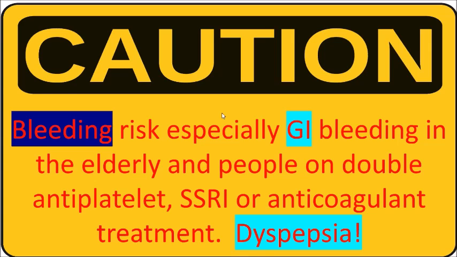And if you use double antiplatelet therapy, or antiplatelet with anticoagulant like warfarin or heparin, also using selective serotonin reuptake inhibitors for depression, all of them cause dyspepsia or indigestion. So you might need to use proton pump inhibitors with antiplatelets.